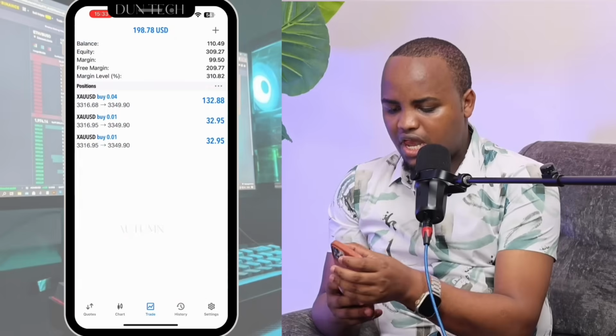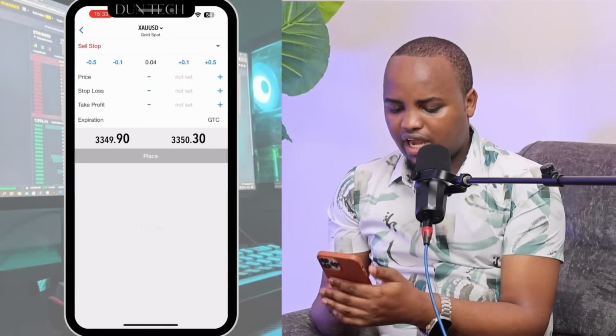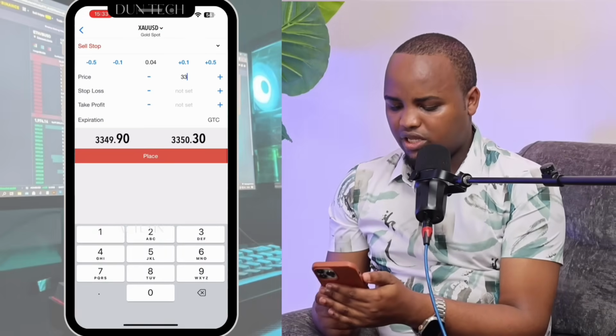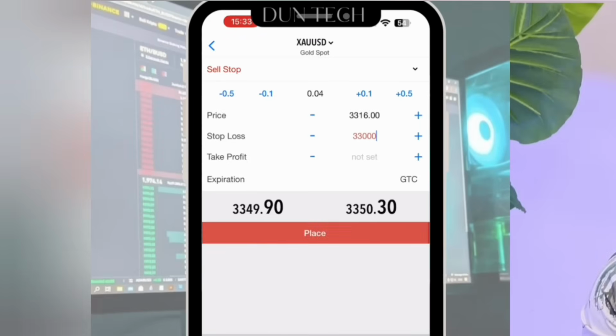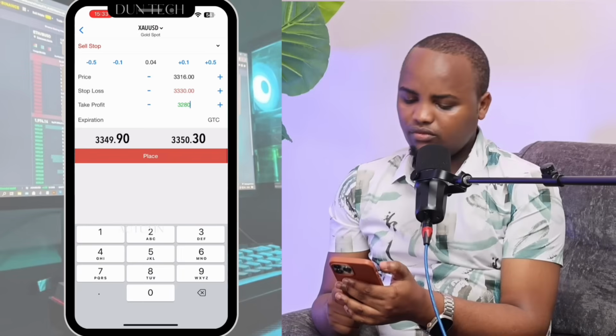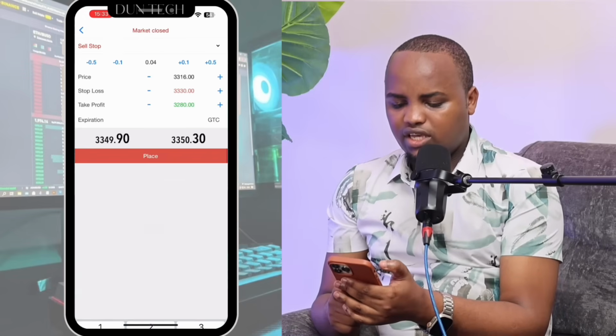So I'm going to place a sell stop around 316, so that when the market touches 316, it is going to sell. I can have my stop loss, when the price reverses, at around 330, and my TP around 3280. That is good, and then you can place the order.